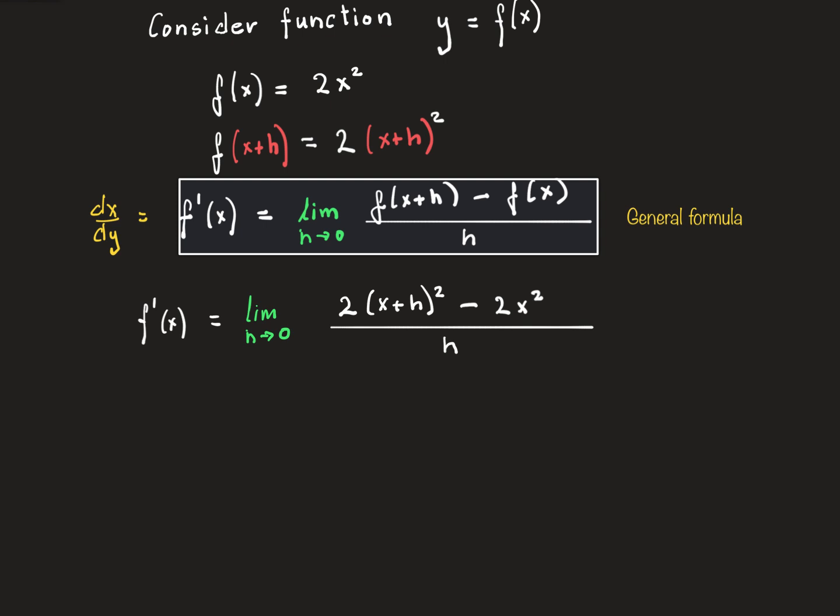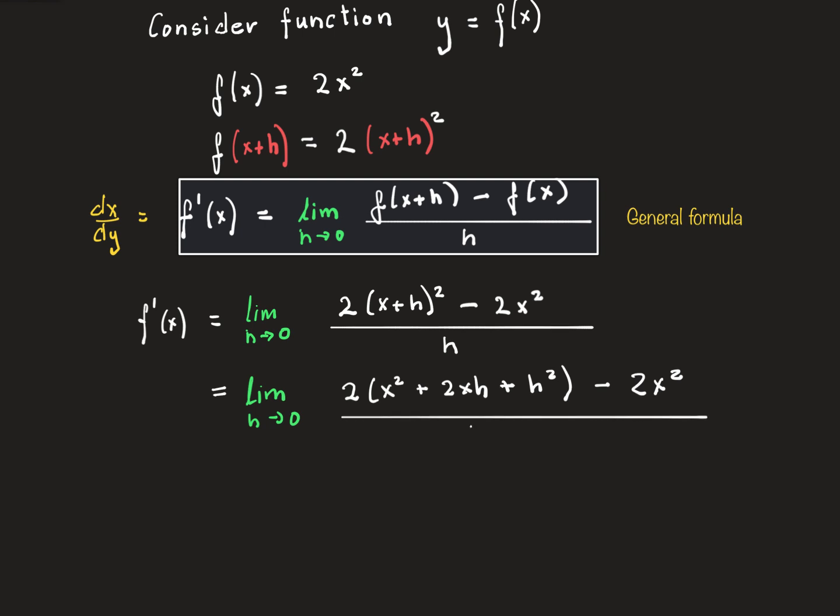The next step is to expand the numerator. Remember to keep on writing the limit as h goes to 0, and now we expand the top, and that'll be 2x squared plus 2xh plus h squared, minus 2x squared, and we divide this all by h.